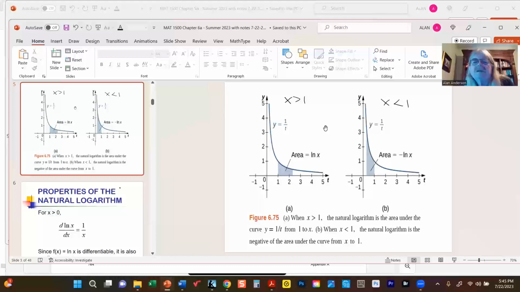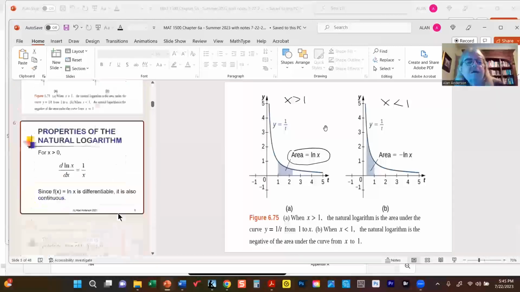So anyway, when x is strictly positive like this, it can be interpreted as the area under this curve 1 over t over the range that we are integrating it. Over here, it's the negative. Now you notice this area itself is positive, but we multiply that by -1. So whatever this is, let's say it's 3, then the negative of that is the natural log in that range. This is how it's formally defined.